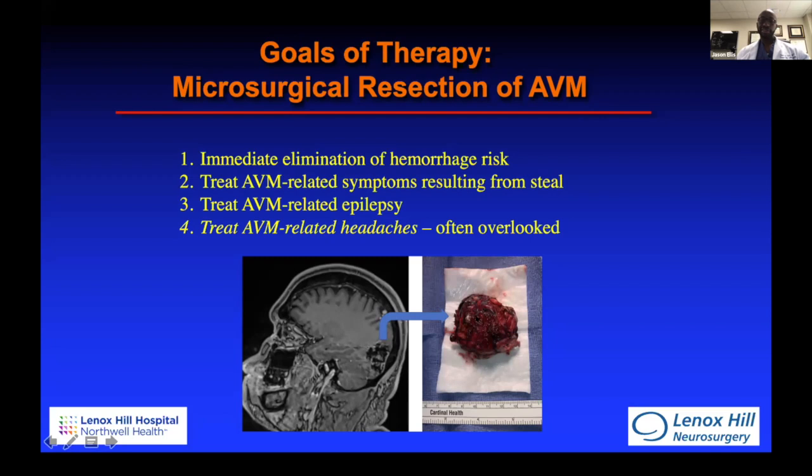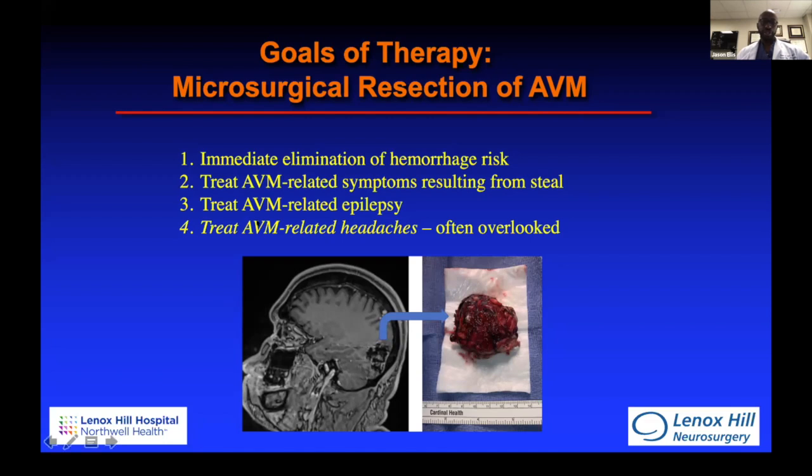The nidus, you can see the tangle of vessels. Really, once you've removed the arteriovenous shunting and confirmed that on angiogram, there really should be no source of hemorrhage left. So that's one of the excellent things you can get from actually removing the AVM with microsurgery.